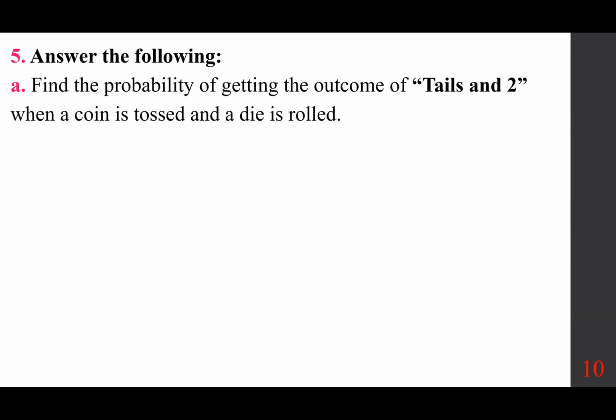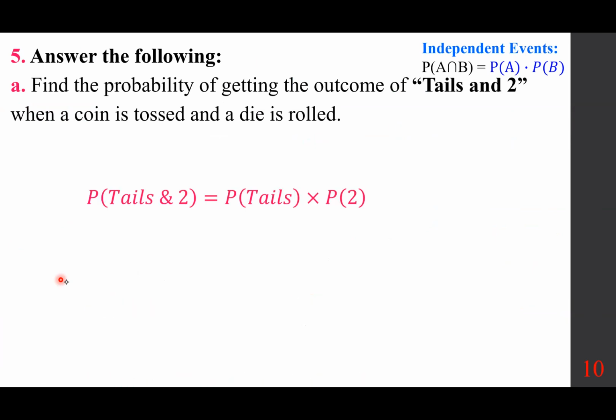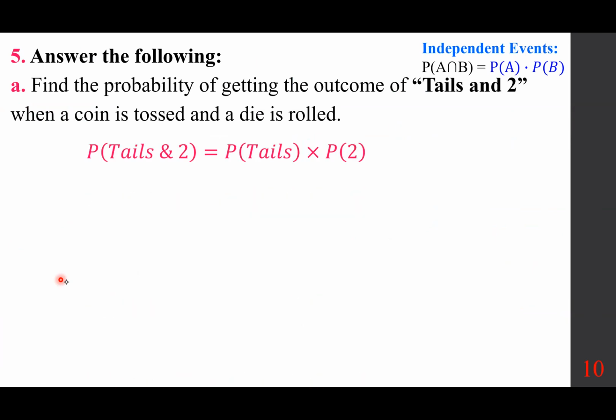Let's look at the following example. Find the probability of getting the outcome of tails and 2 when a coin is tossed and a die is rolled. We assume independency. Therefore, the probability of a tails and 2 is the probability of tails times the probability of 2.